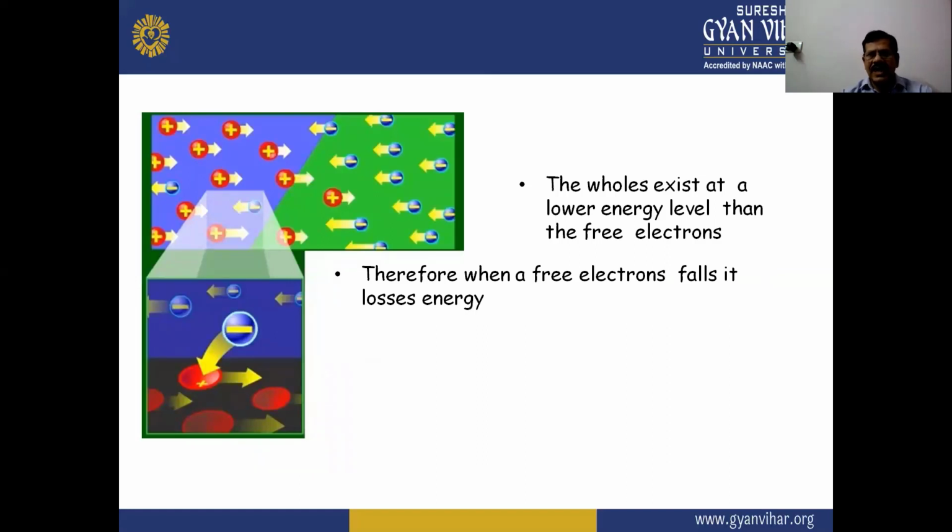The holes exist at a lower energy level than the free electrons. Therefore, when a free electron falls, it loses energy, and this energy is released in the form of light.